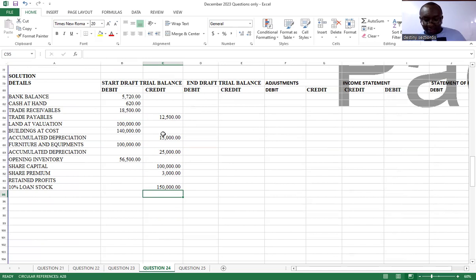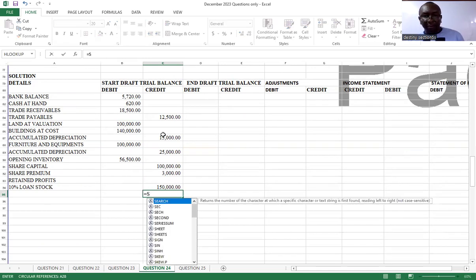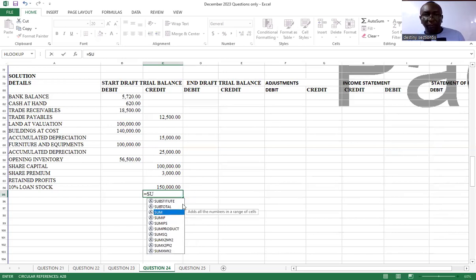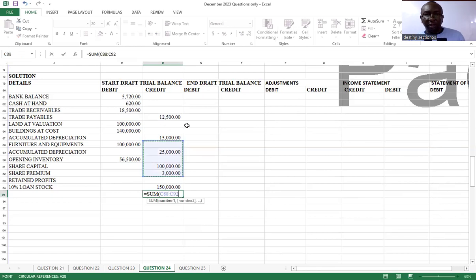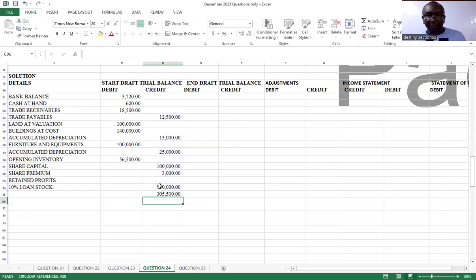So we can just come here and say this is equals to sum of these ones. Sorry. From here all the way up to here, close the brackets, enter.